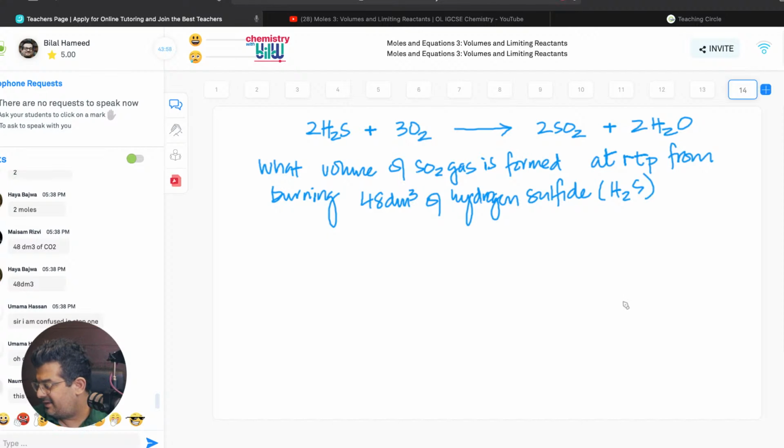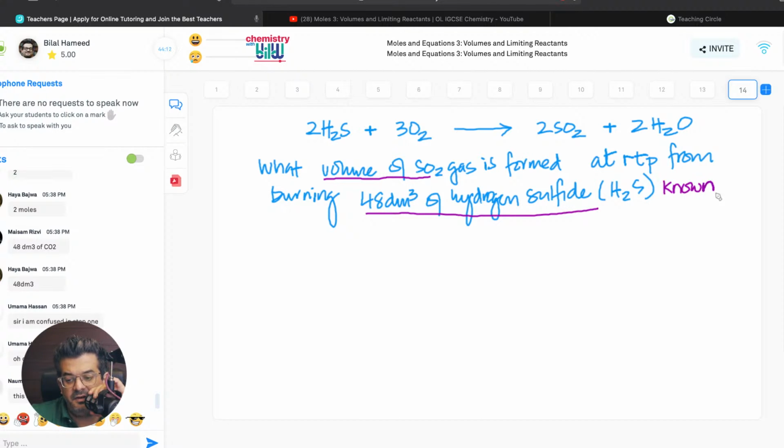What do we have here? This is the volume of SO2 and this is the volume of H2S. The volume of H2S is my known, because that's given to me, and the volume of SO2 is my unknown.